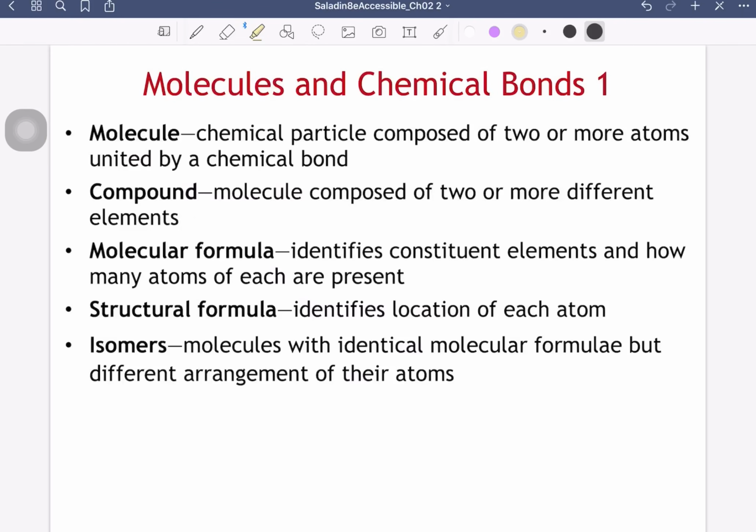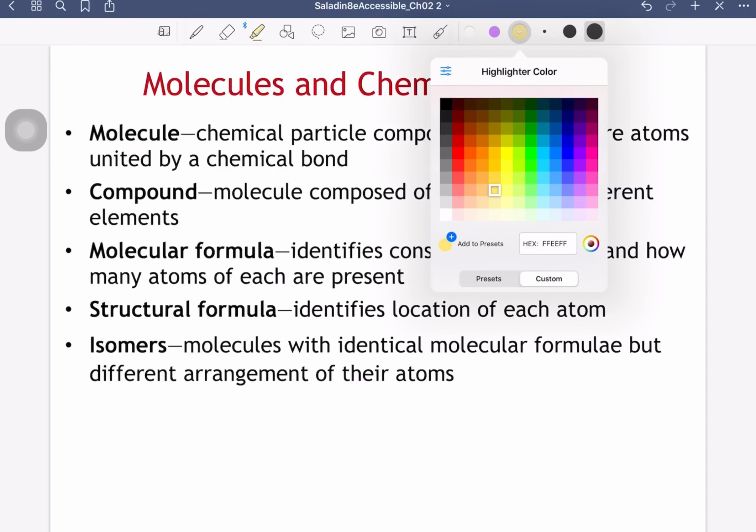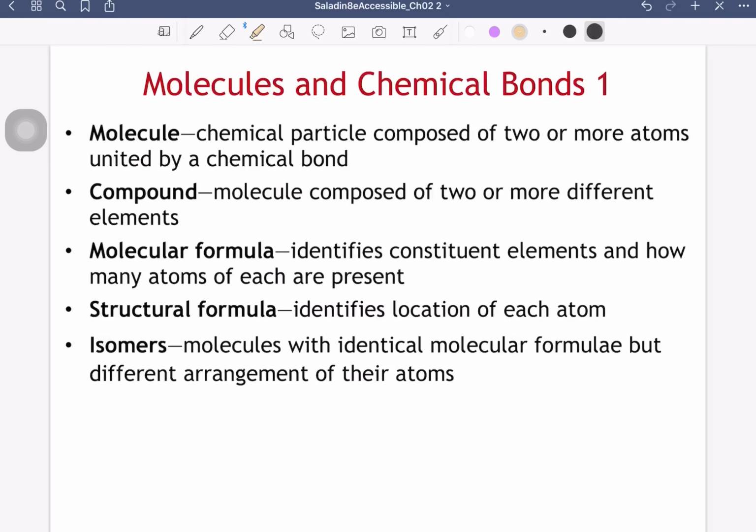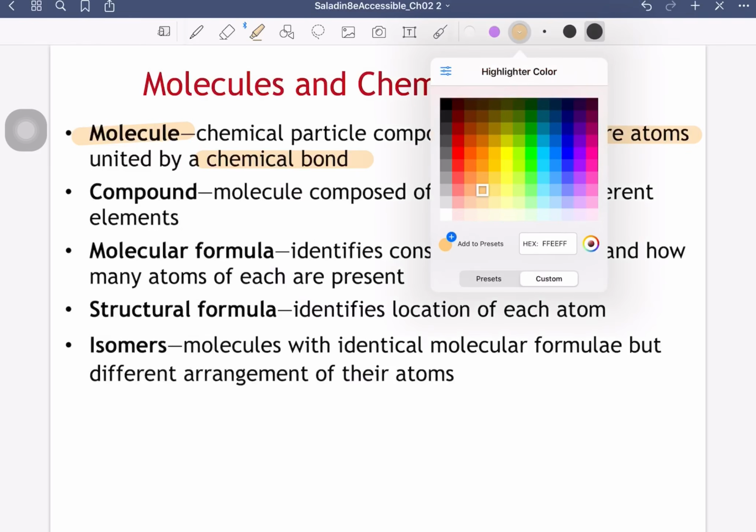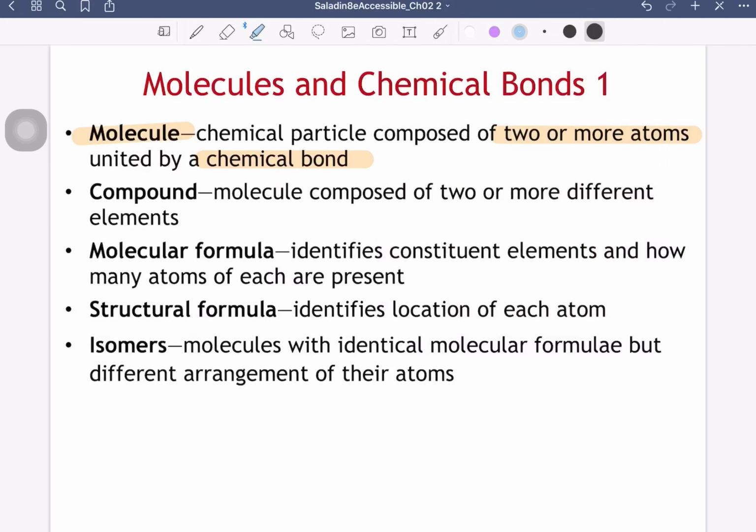Now, some more terminology, lots of terminology in this chapter. Let's just go through it. A molecule is a chemical particle composed of two or more atoms united by a chemical bond. Now, if you look at the next definition, it seems quite similar.